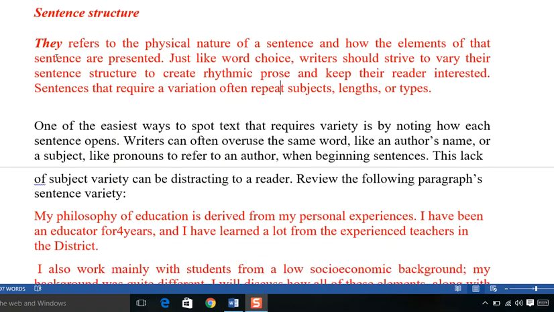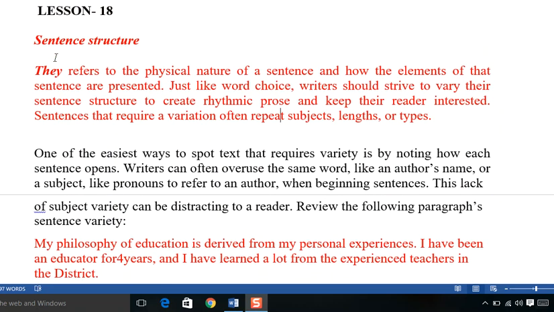Well, sentence structure is in itself a very important thing, to elaborate your scientific and technical subject matters, what type of sentences should be applied. Some people write long sentences, some write short sentences, some use active voice and passive voice.